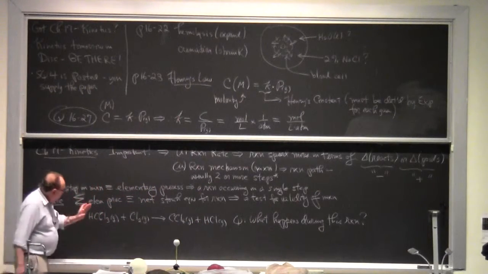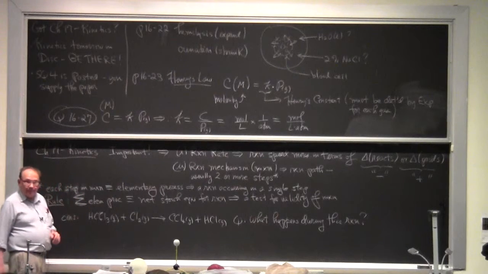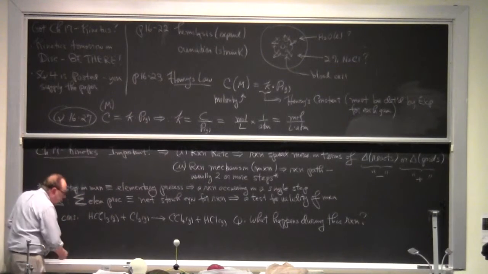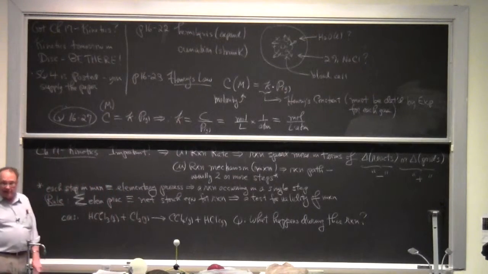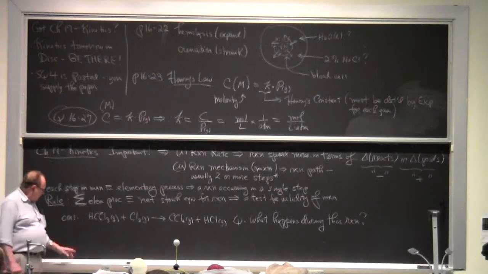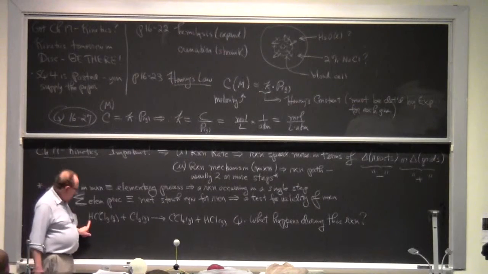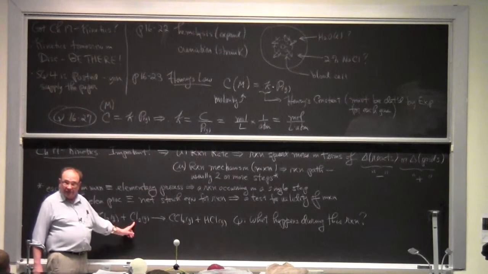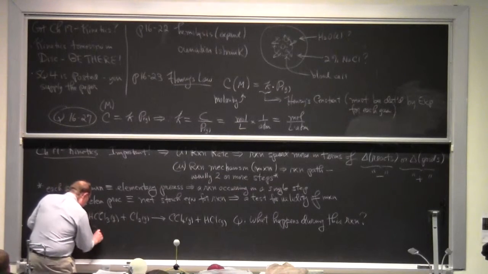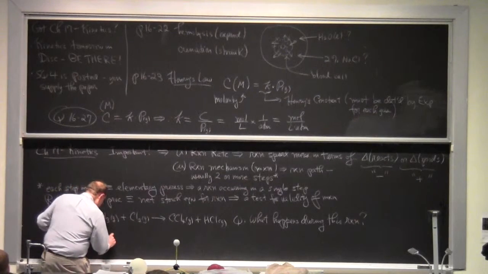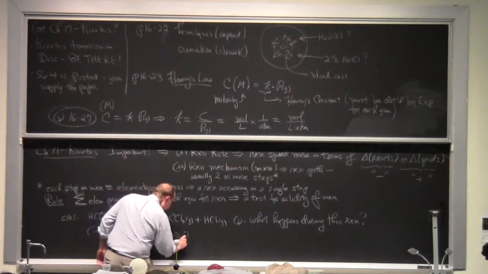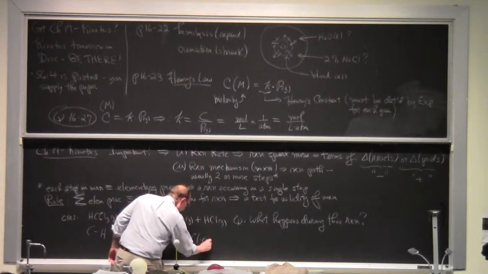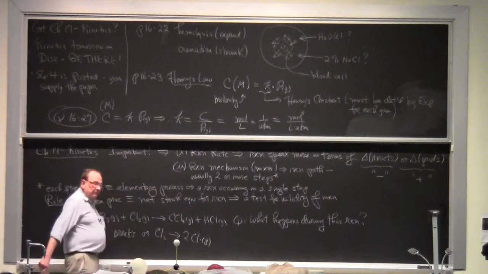So in thinking about a possible mechanism, what might occur involving this reactant and or this reactant to get the reaction started? Well, what might occur is that first the carbon-hydrogen bond breaks, or a chlorine-chlorine bond breaks, or the chlorine molecule comes apart.